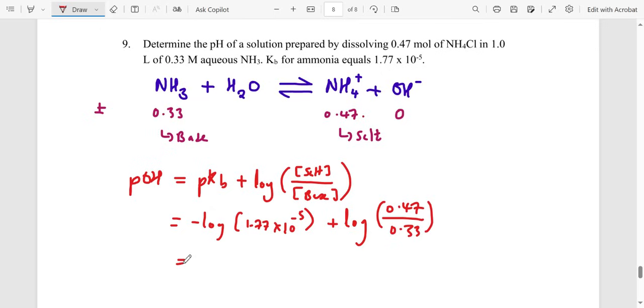So negative log of 1.77 times 10 to the power negative 5 is 4.75, plus log of 0.47 over 0.33, which is 0.15.